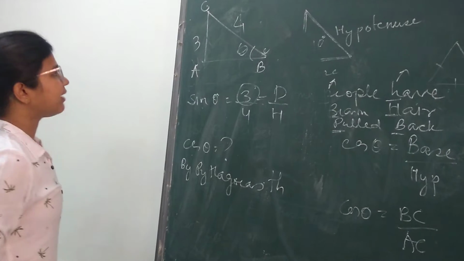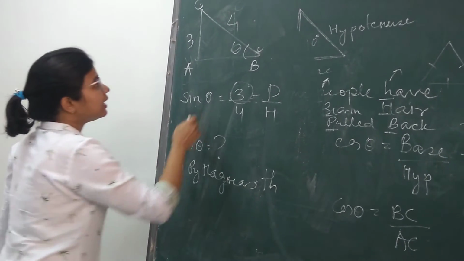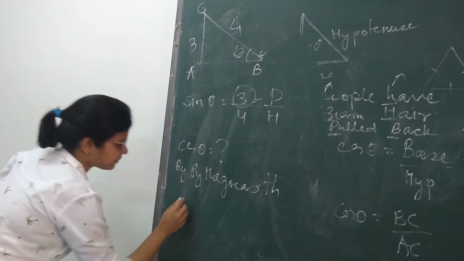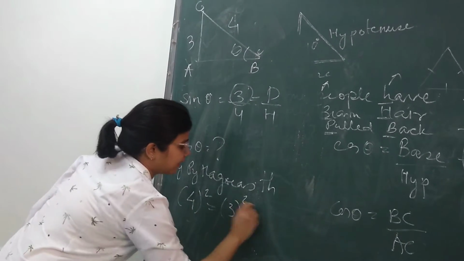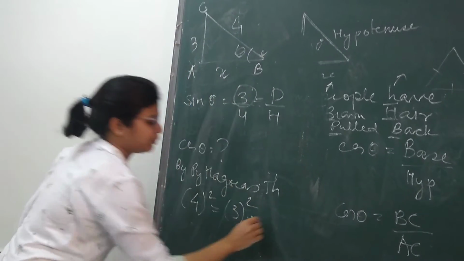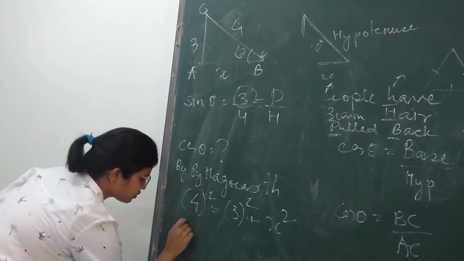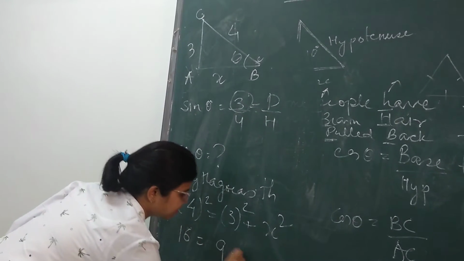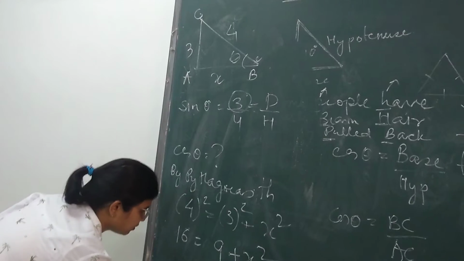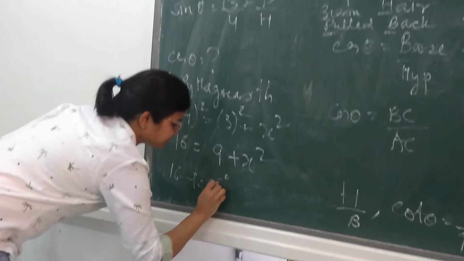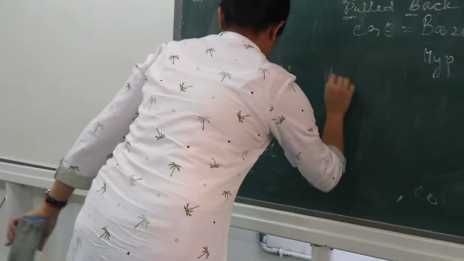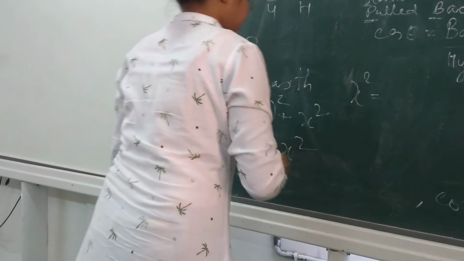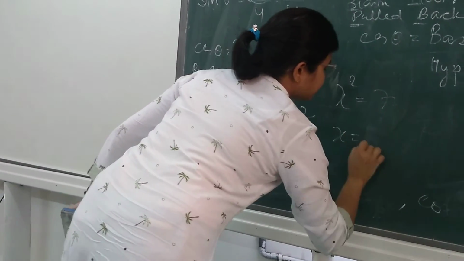So we can easily find out the base. 4 square is equal to 3 square plus, if you don't know this, let's put it x square. So it becomes 16 is equal to 9 plus x square. So 16 minus 9 is equal to x square. You will get x square equal to 7. x is equal to root 7.